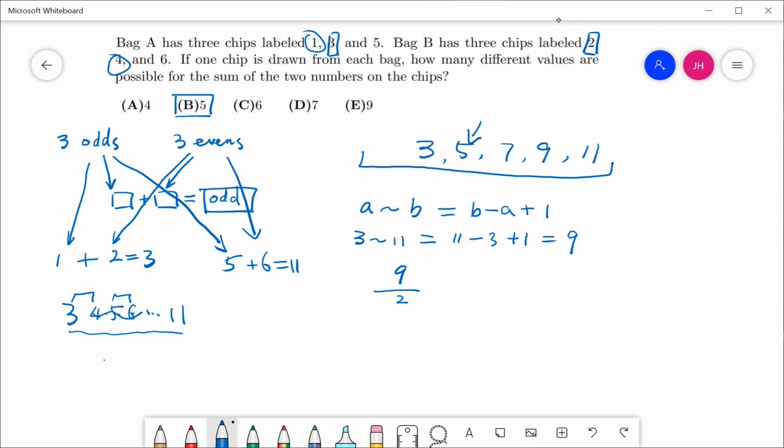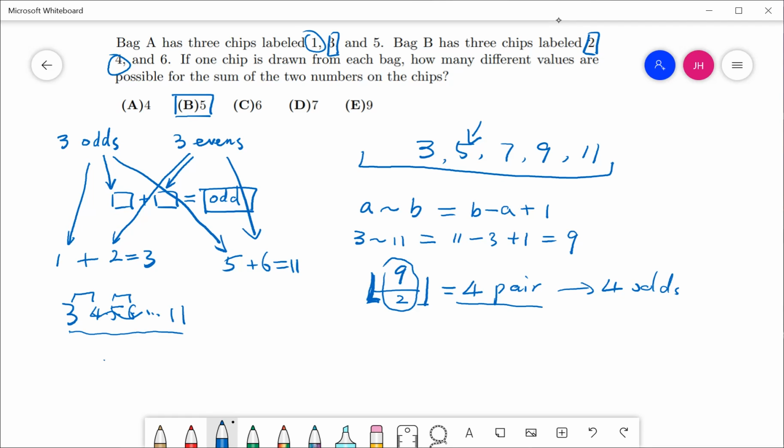So altogether, we have the floor of 9 divided by 2, which equals 4 pairs. This is a floor function, which gives you the greatest integer less than or equal to the ratio. This ratio is 4.5, and the greatest integer less than that is 4. So we have 4 pairs.